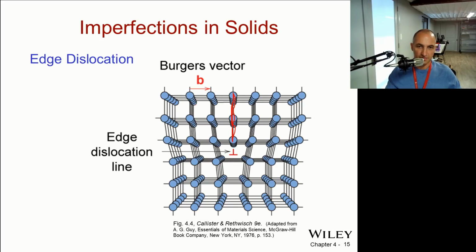Now the Burgers vector is the magnitude of the change. So if I just draw a circuit around this edge dislocation, it's arbitrary how many atoms I choose to count by, but I have to do the same number on each circuit. So that's 1, 2.